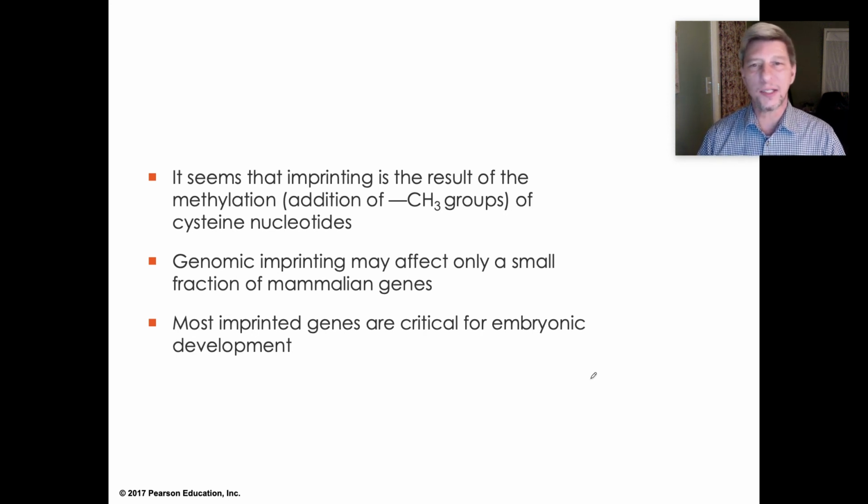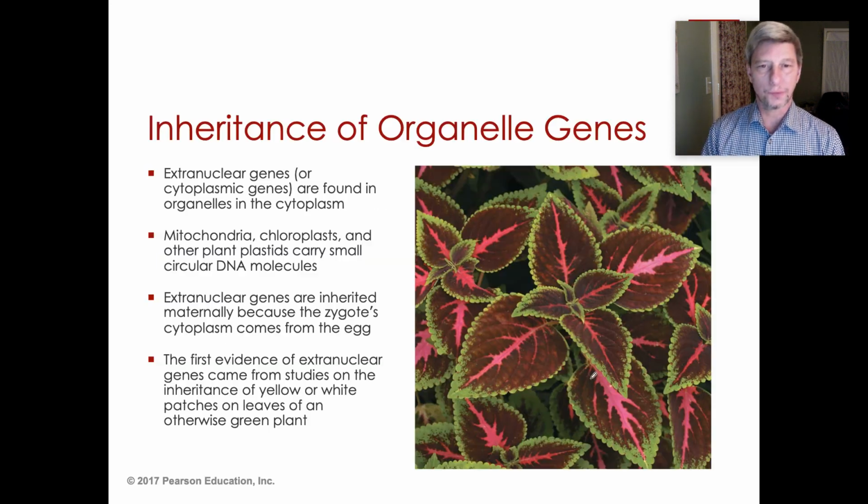Remember A, T, C, and G? So when we methylate those cysteine nucleotides, the gene becomes inactive. It's silenced. And although we're not absolutely certain, it's believed that genomic imprinting only affects a small fraction of genes, and most of them are important in developing embryos.